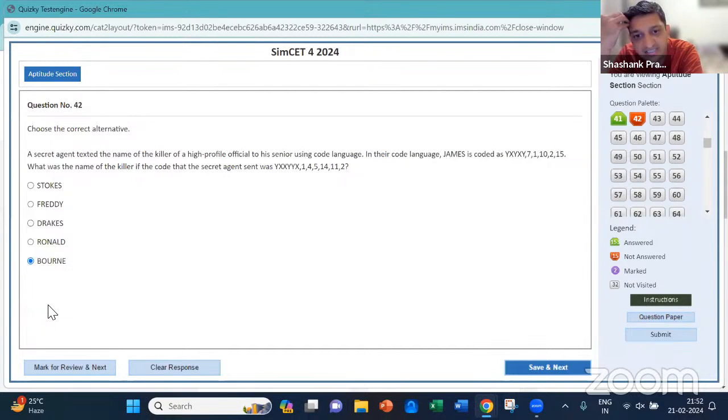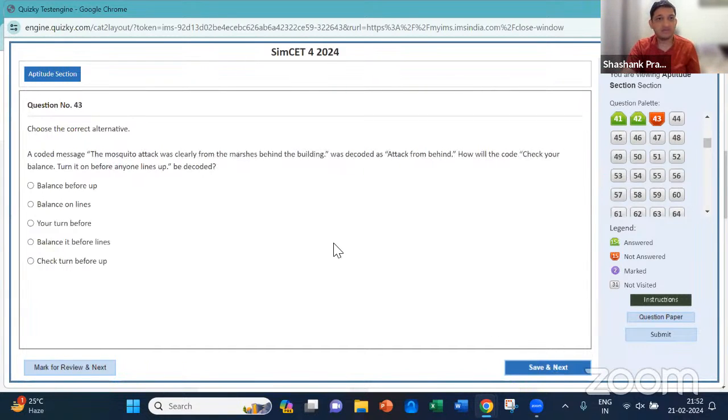And S is 19, it became 15. Not sure of this, but I'm tempted to put it simply because of X's and Y's. Okay, I'll go for this. Seemed like an interesting question.